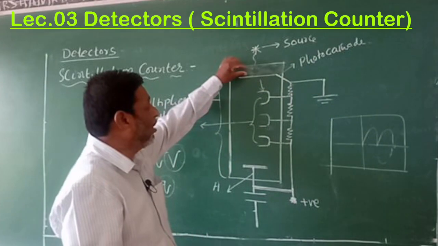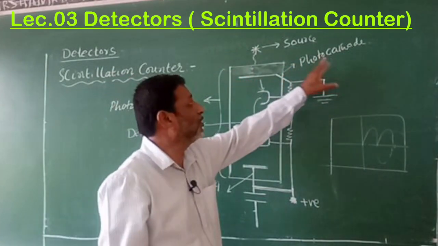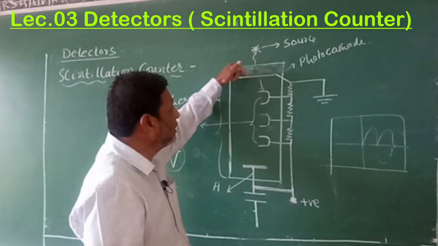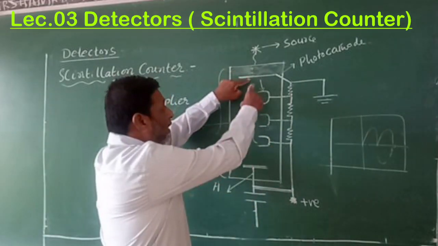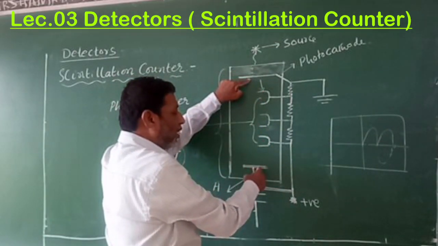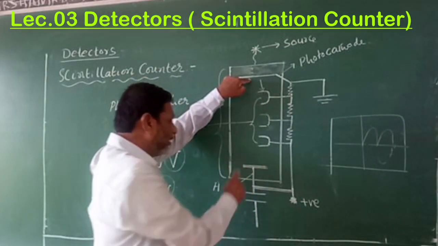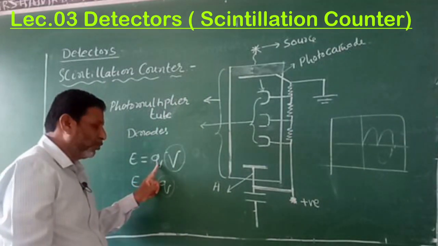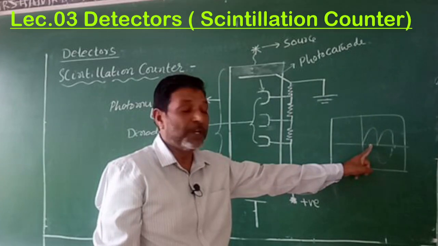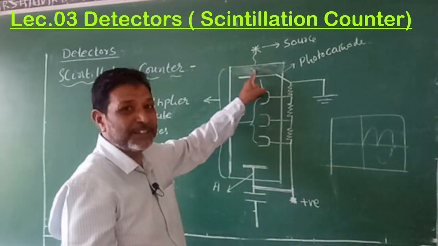If more electrons are released from the photocathode, then the number of electrons reaching the anode is also more, isn't it? If more electrons reach here, then the charge is more, which means energy is more. That is the pulse height. So we say this pulse height is ultimately proportional to the energy of the incident particle.